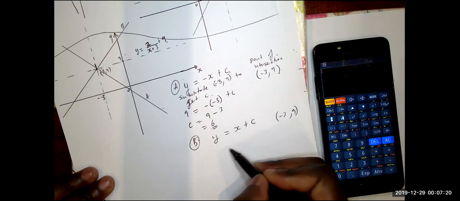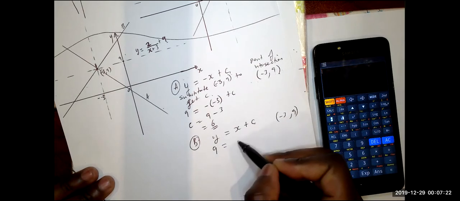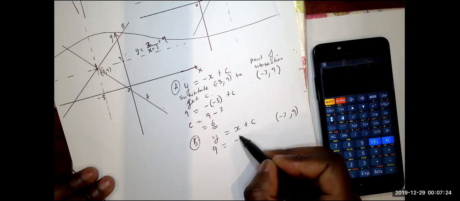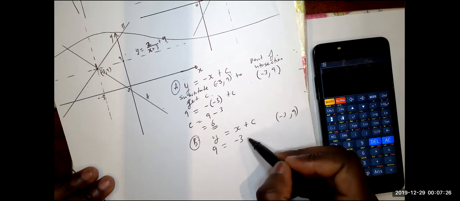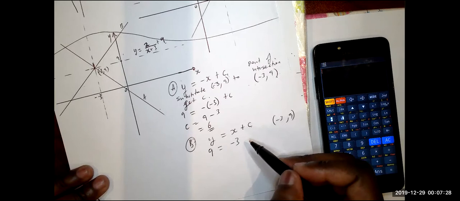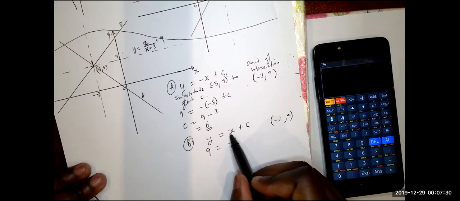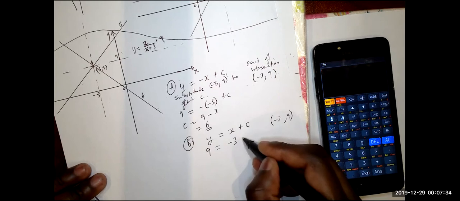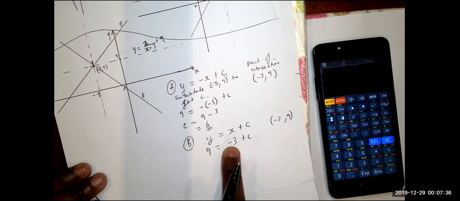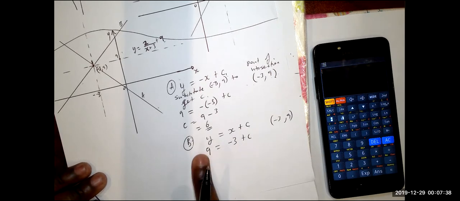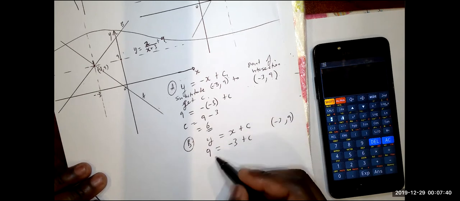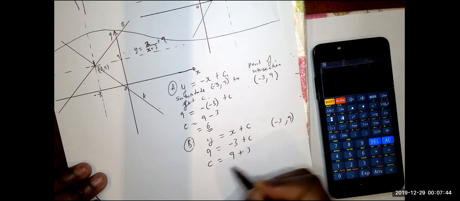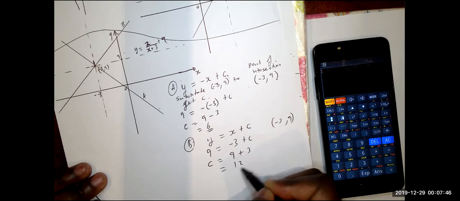We're going to say 9 is equal to -3 plus c. So when it moves to the other side, it's going to be positive. Then c is going to be 9 plus 3, which is equal to 12. So our c is equal to 12.